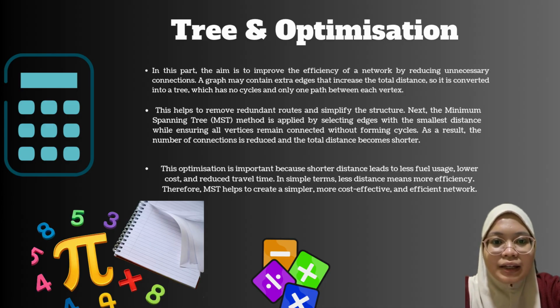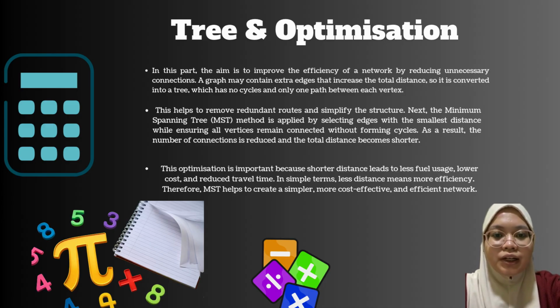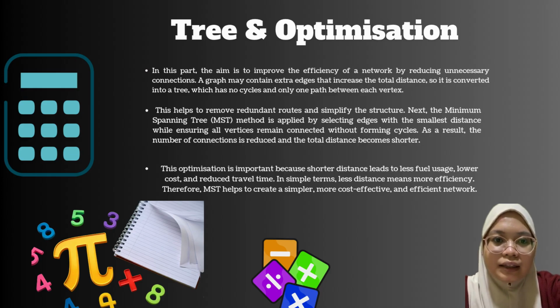Next, I apply the minimum spanning tree or MST. This method selects only the edge with the smallest distance while still connecting all the vertices. At the same time, it avoids forming cycles.